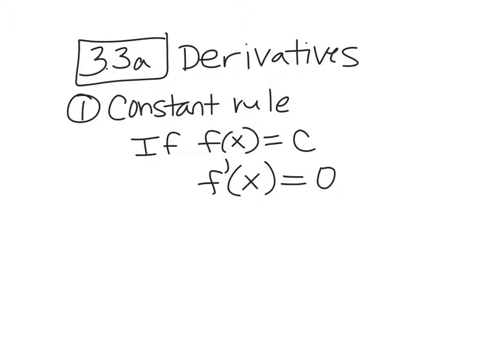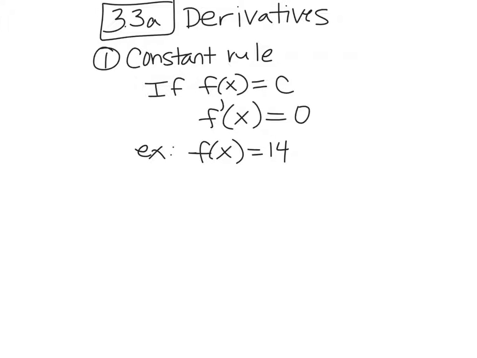So the derivative of all constants is 0. For example, if you have f of x equals 14 and you were told to find f prime of x, you don't have to go through the whole limit process anymore. The derivative would be 0.